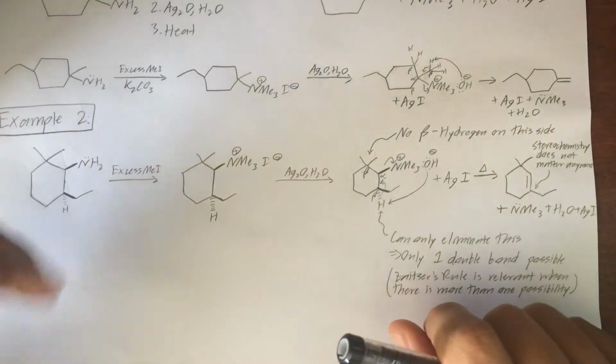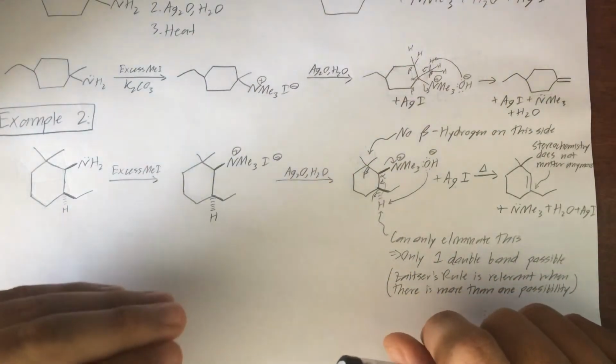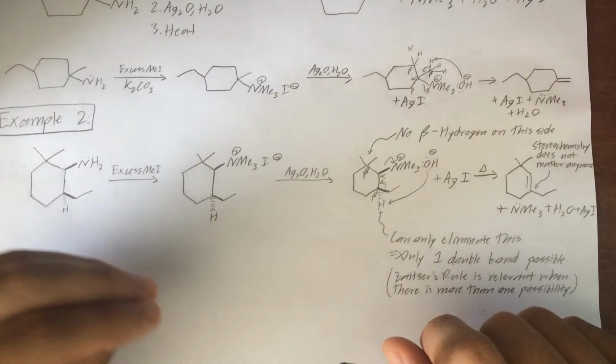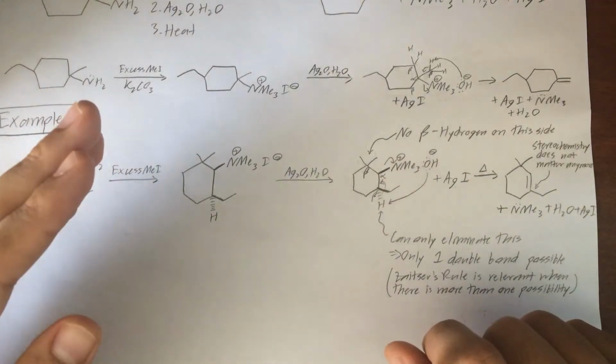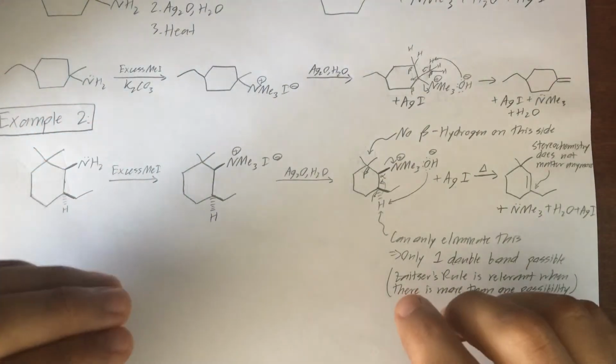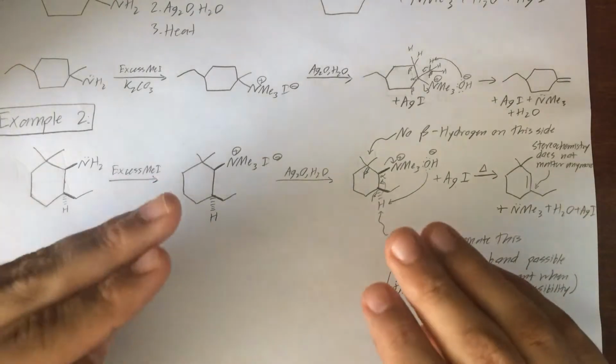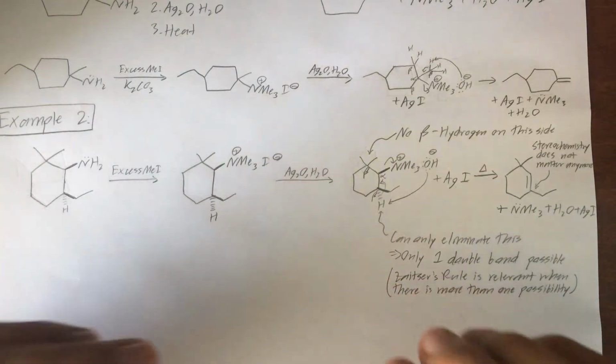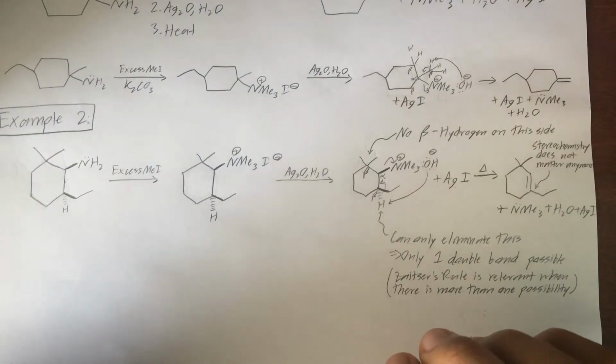So here we do have stereochemistry defined, therefore we do have to worry about the anti part of anti-beta elimination. We not only have to make sure that beta elimination occurs, we also have to worry that anti-beta elimination occurs, okay? So here we have our starting material.